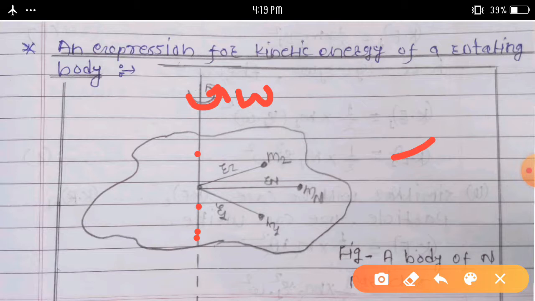Here m1, m2 up to m suffix n are the masses of the particles, and r1, r2 and rn are the perpendicular distances from the axis of rotation.